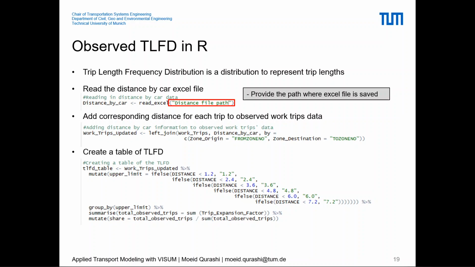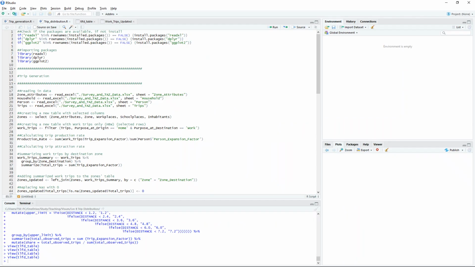Yeah. So if we go and try to see, this is a very important and difficult step to understand. So we'll go and try to see this in R. So let's go to the R code.